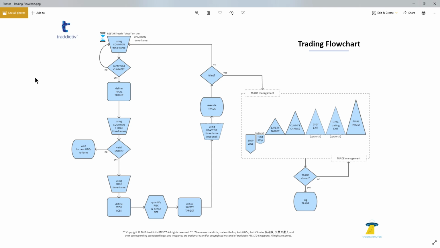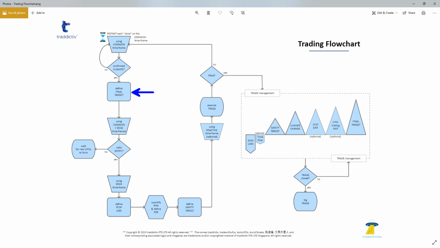The second change that you need to be aware of is that to define the target, what we used to do is work with three time frames, wasn't it? We were using the common time frame, then the next common time frame, and then the edge time frame too.